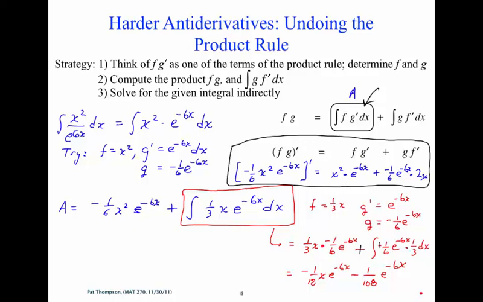We're still not done yet. That's just the answer to what's in the red box, right? And then the answer to our problem is going to be this whole thing. So then we add that first term to it.